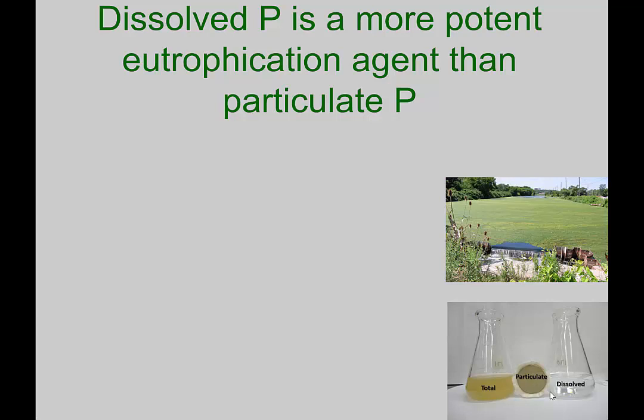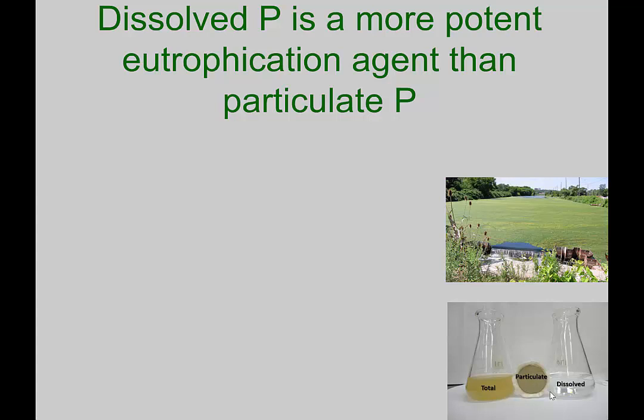Briefly, though, on particulate and dissolved phosphorus, another issue with dissolved phosphorus, not only is it more difficult to keep contained, it's also a more potent eutrophication agent compared to particulate phosphorus. Again, particulate phosphorus is phosphorus bound onto soil particles, on the sediments, and when the sediment is transported, the phosphorus bound to it goes with it. And once that particulate phosphorus reaches a surface water body, it may or may not be a problem.